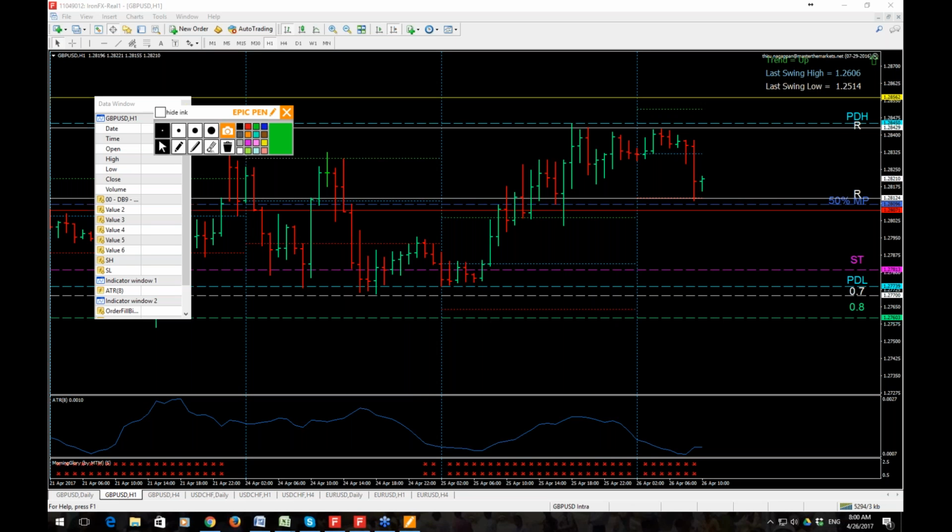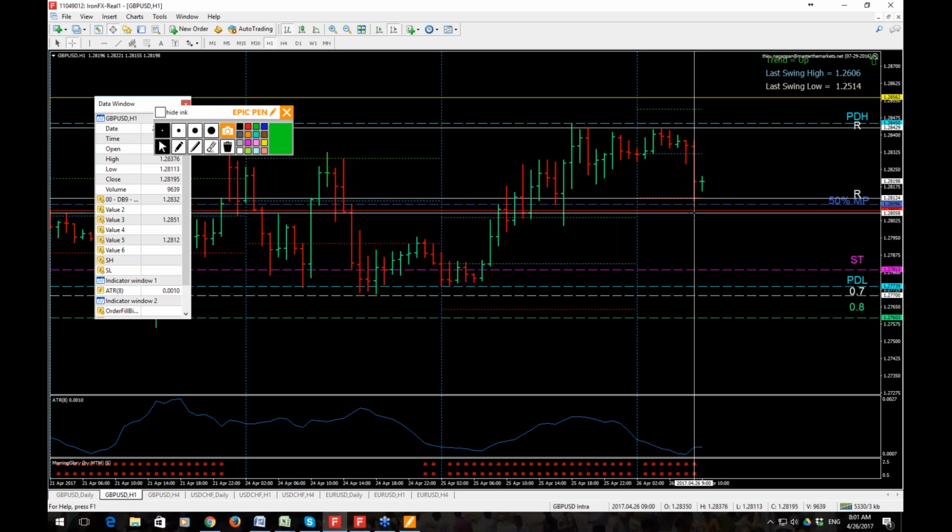Okay, good. So long bias up for cable, entry. So our entry is what at the moment? Our entry is going to be for the high of this bar here.